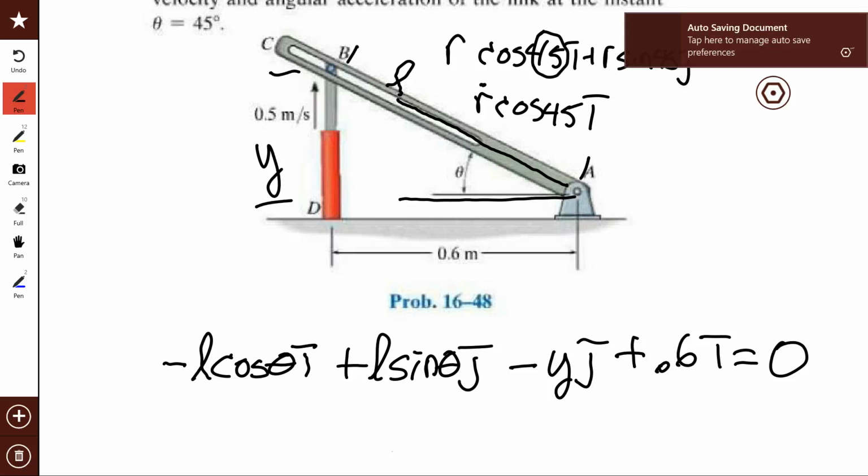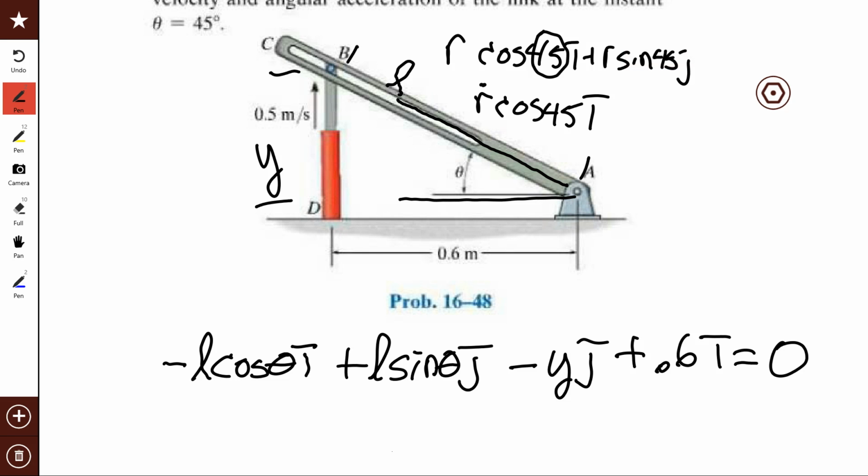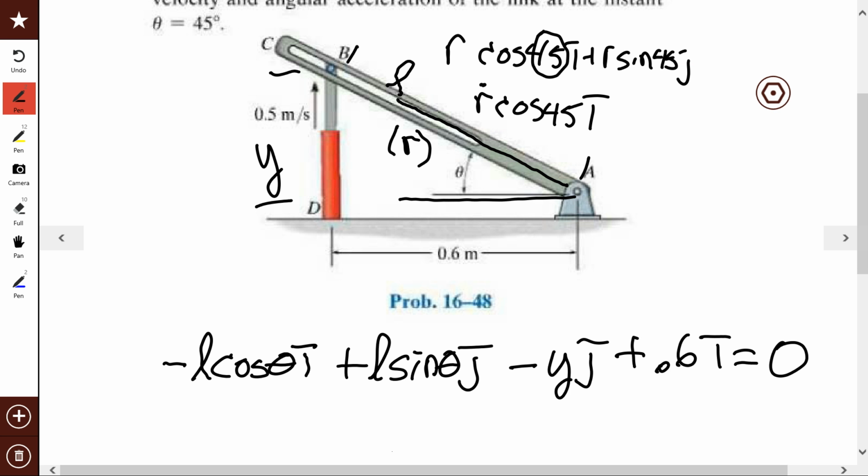Okay, so your R is what you're calling L. In other words, what you're saying is this guy is R, correct? So what you're writing, now what are you calling L? L is the length of the hypotenuse. Okay, isn't that R?